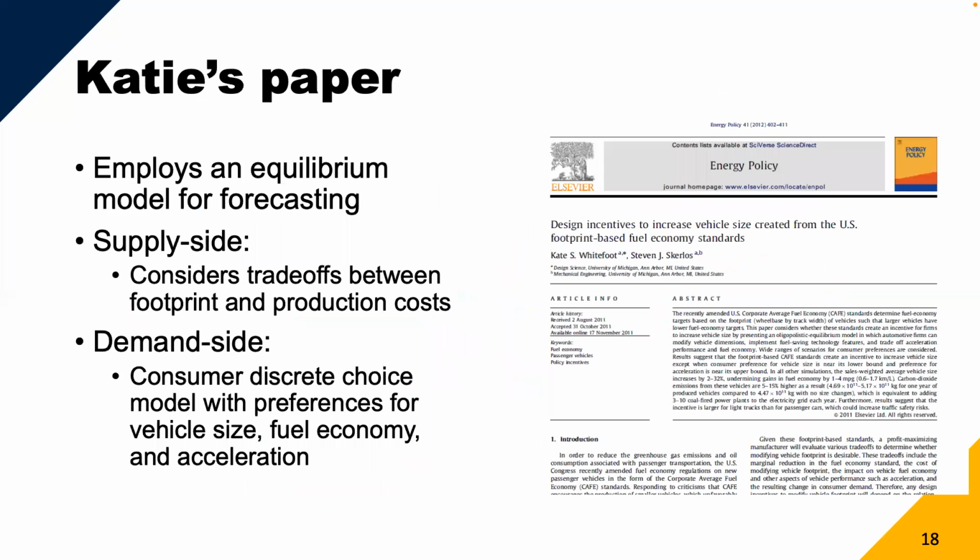And so there was this paper by Katie Whitefoot, who's a mechanical engineer, that did this equilibrium modeling to look at the trade-offs between footprint and production costs, and basically predicted that as a result of this regulation, automakers would increase the footprint of their vehicles. And that's exactly what happened.